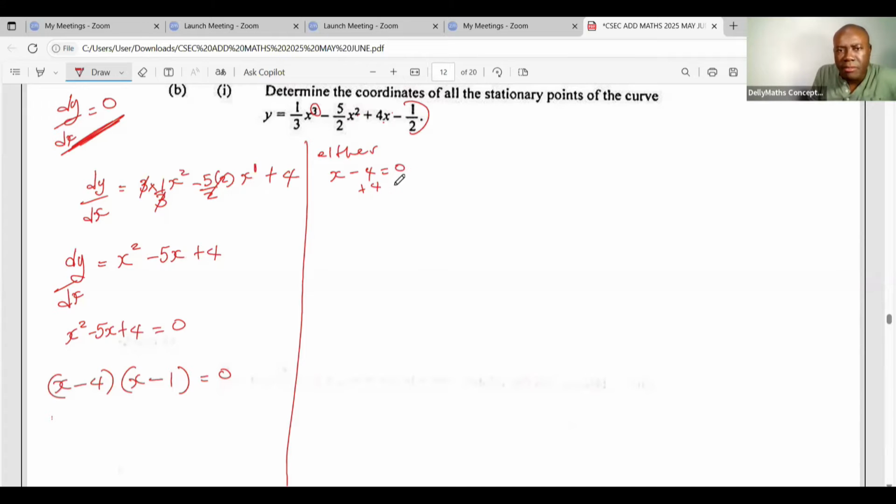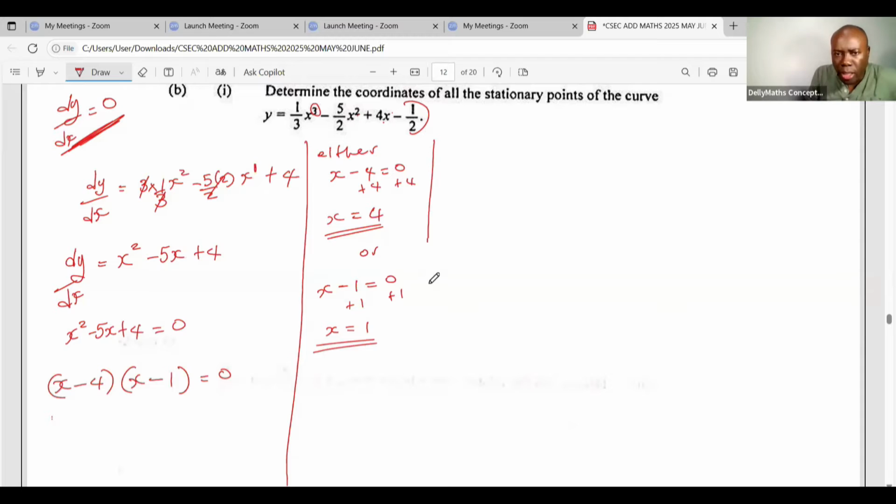And if we solve this by adding 4 to both sides, then x is equal to 4. That's one of the solutions. Or x minus 1 is equal to 0. And if we add 1 to both sides, x is equal to 1. So those are the 2 x values that we have at the stationary points.